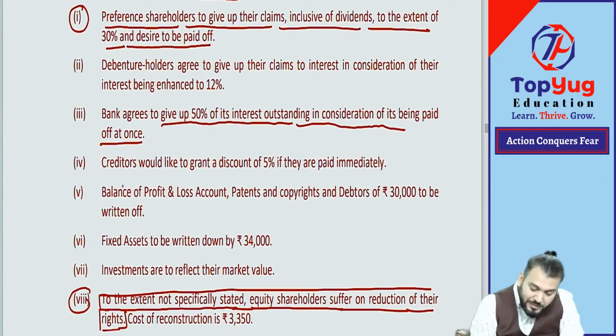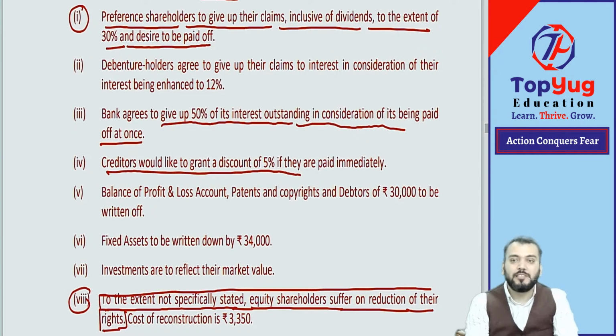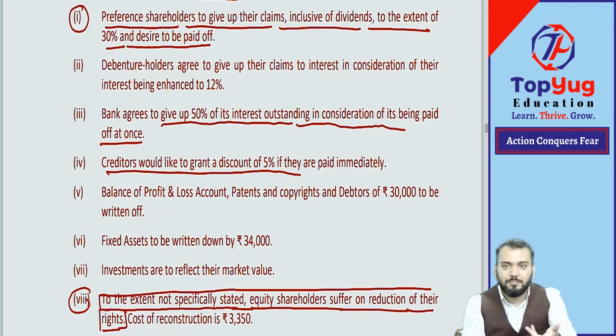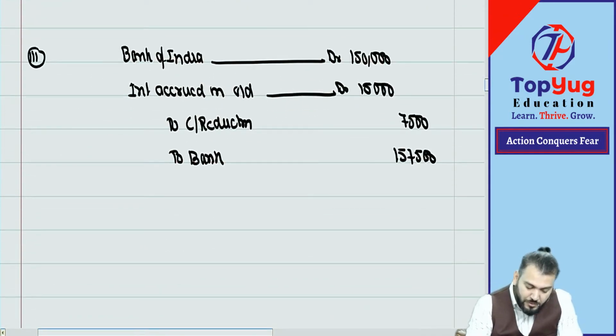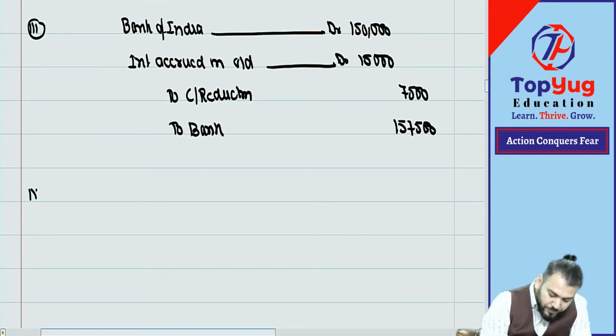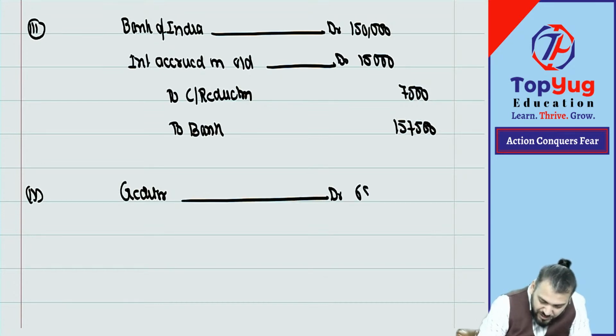What have they given? Creditors would like to grant a discount of 5% if they are paid immediately. So 95% paid, 5% discount. Discount means what? Capital reduction. So can we do? Yes sir. So point number 4. Creditor account debit. What is the total creditor? 69,000.